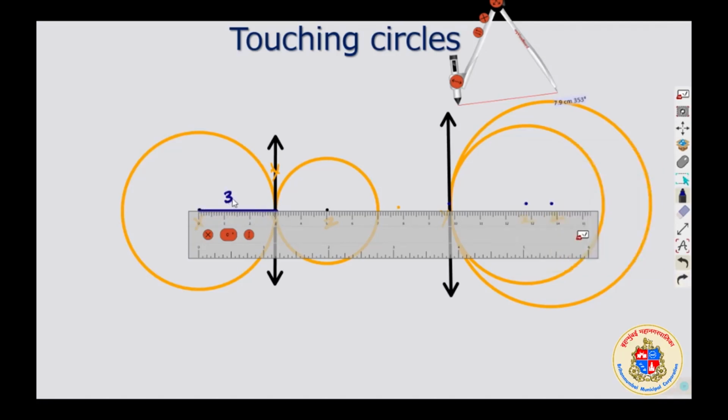This is 3 centimeter, and again here it is up to 5, means again 2 centimeter, and the total is equal to 5 centimeter. The total, I can show it like this.